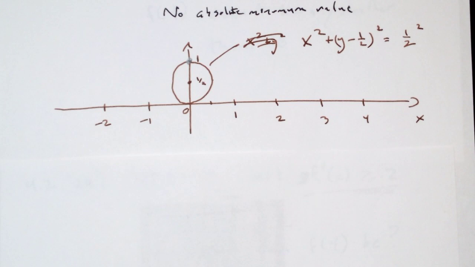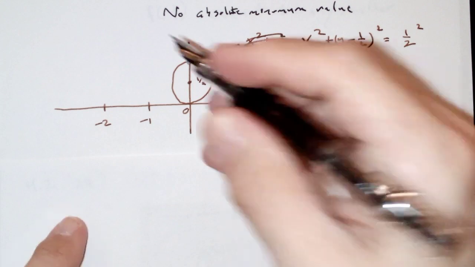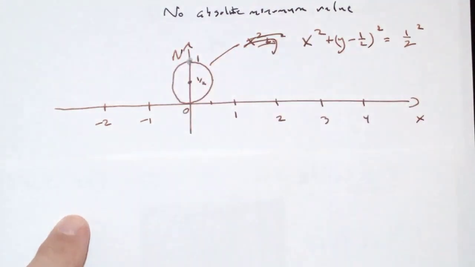I don't care where you draw, but if you draw a line from that point, which I'll call N for the North Pole, N, if you draw a line from N to any point on the number line itself, you'll cut through that circle once and only once. And that means that every point on the circle has a matching point on the line.